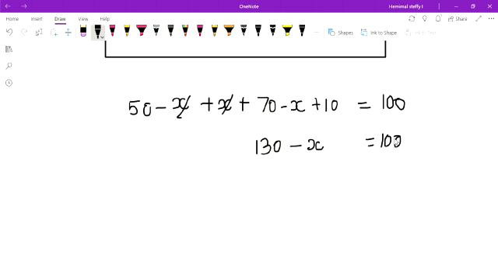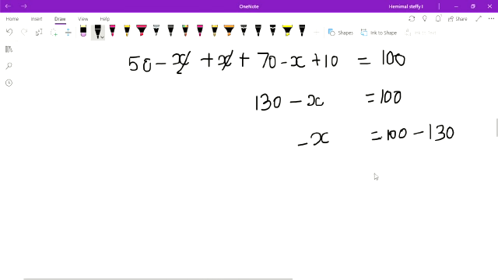Then I keep minus x on this side and bring the 130 to the opposite side. 100 minus 130, the plus going to the opposite side changes to minus 130.